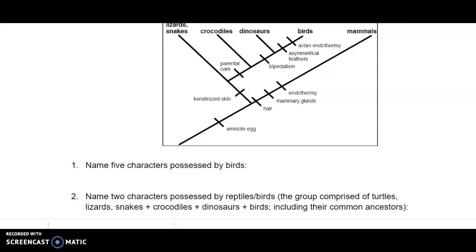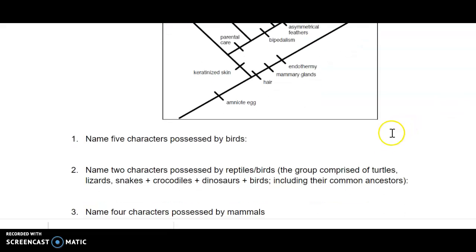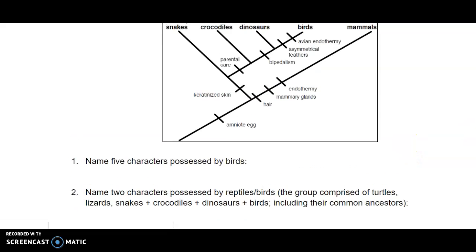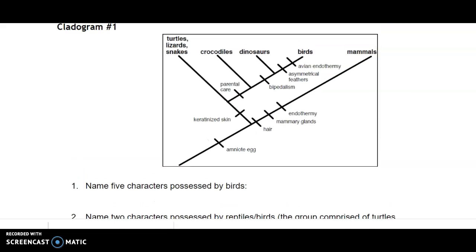Number 2, name 2 characteristics possessed by reptiles and birds. The group comprised of turtles, lizards, snakes, crocodiles, dinosaurs, and birds, including their common ancestors. So 2 characteristics possessed by all of those, including the lizards and snakes. See, these all go off in this branch, but the turtles, lizards, and snakes do not have those.